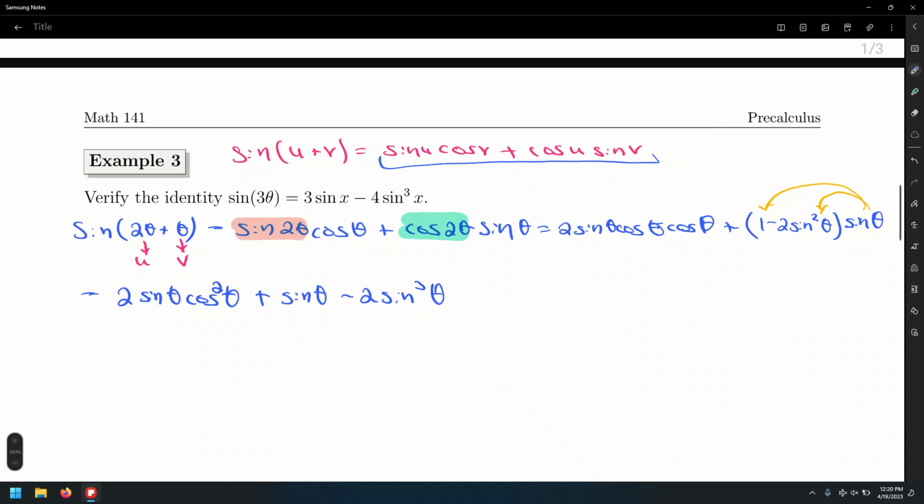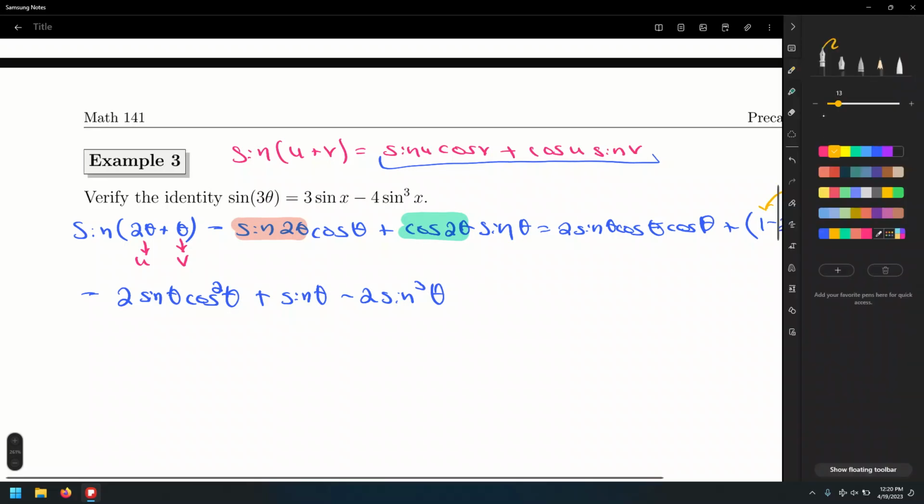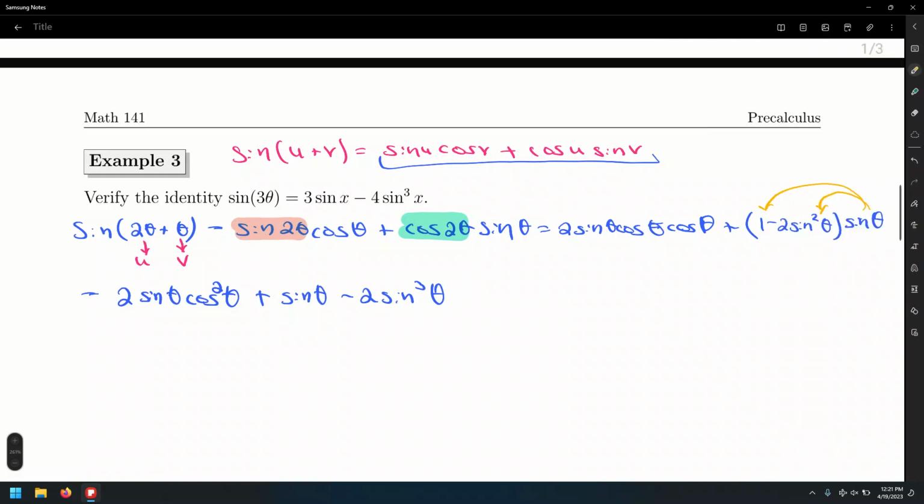Well, actually, I still need to get rid of this cosine squared, because notice our ultimate goal does not contain any cosines. We're going to use a Pythagorean identity, the one that says sine squared plus cosine squared equals 1. I'm going to solve for cosine squared to get 1 minus sine squared theta.